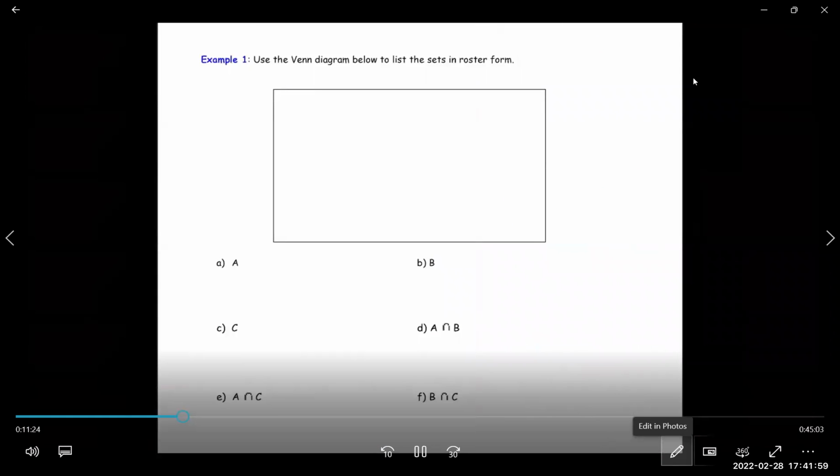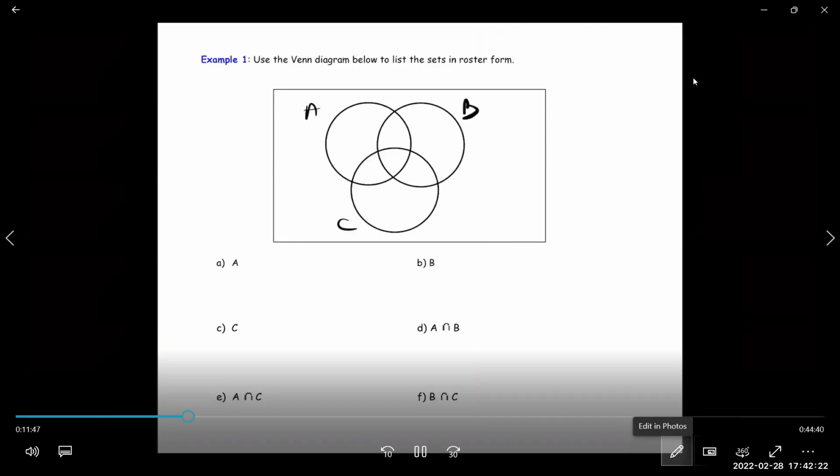All right, so this one says, use the Venn diagram below to list the sets in roster form. So I have to fill out the Venn diagram real quick for you guys, and then we can actually look at this. So here goes. We got 3 sets again. A, B, C again. So this time we have 12 over here. We have 10.